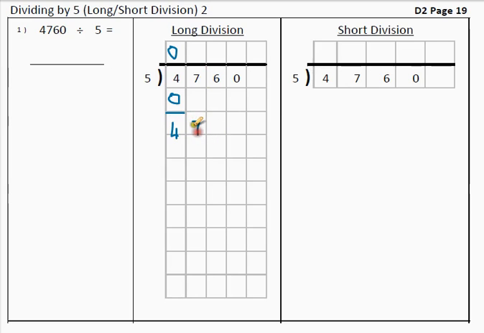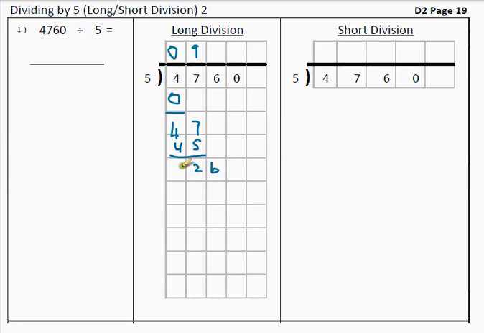I bring down the 7 next to the remainder. I have 47. 5 goes in 47 how many times? 9. 9 times 5 is 47. Oopsie. What is 9 times 5? Not 47. 9 times 5 is 45. Now we take away. 47 take away 45 is 2. That is my remainder.